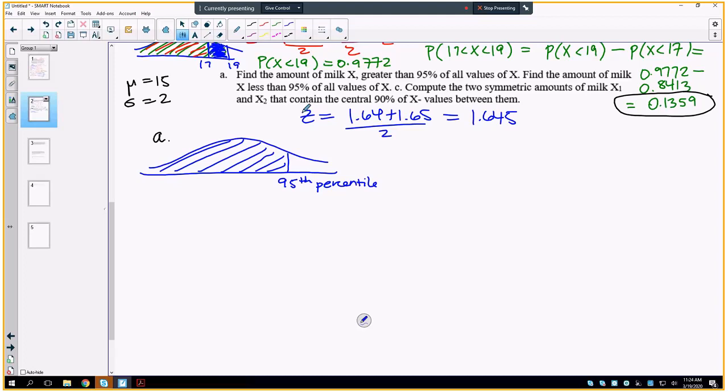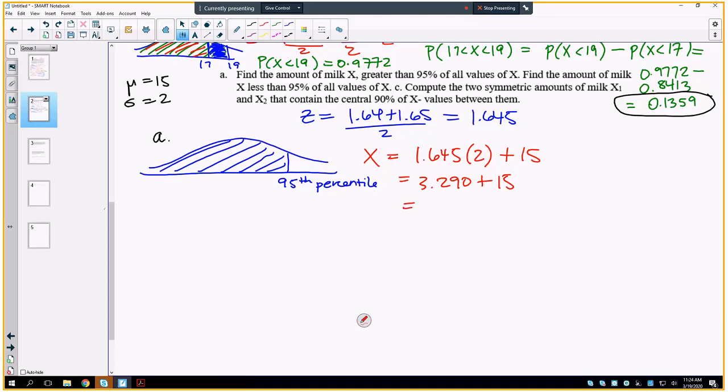But I need to convert it to x's, so I say it's z times the standard deviation. We know that z talks about the number of standard deviations, so this makes sense. I'm going to multiply it by standard deviation, and then I'm going to add the mean. So that's going to give me 3.290 plus 15.